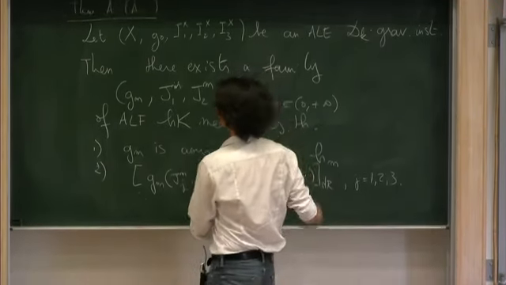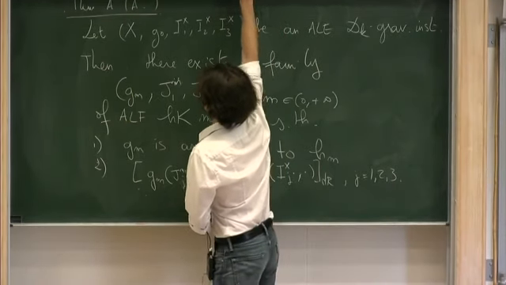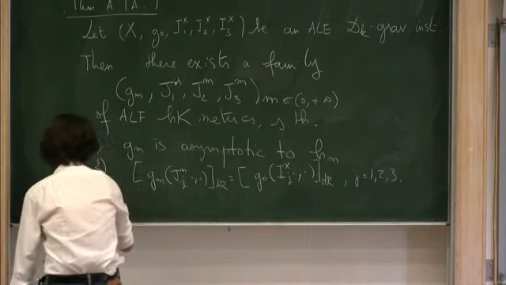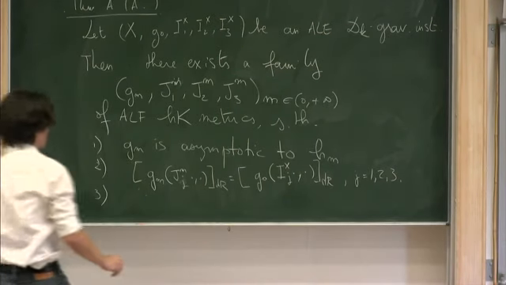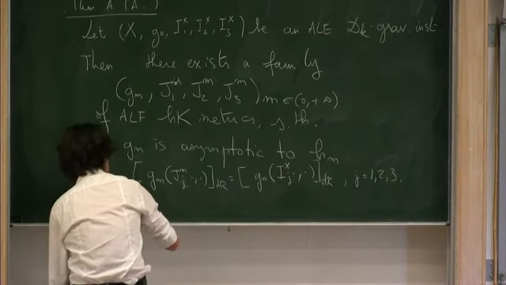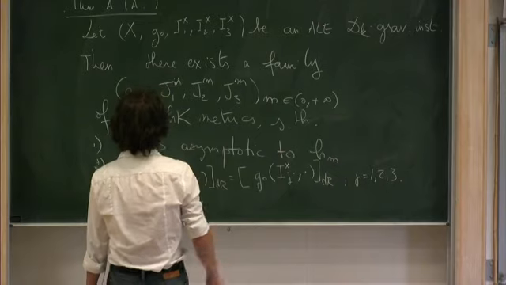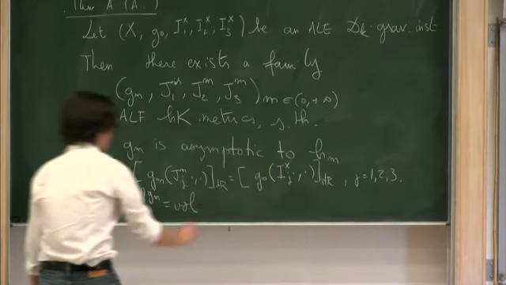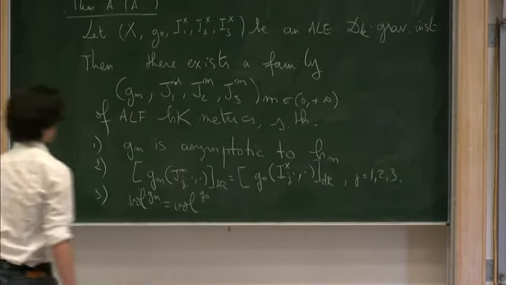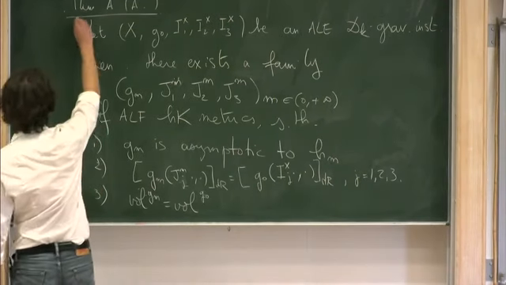And maybe this is an ingredient of the proof actually. GM has the same volume form as G0. So the volume form is also preserved in the construction.